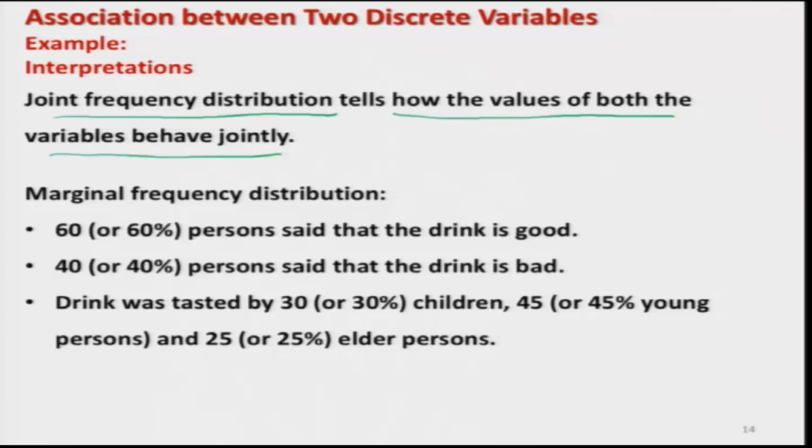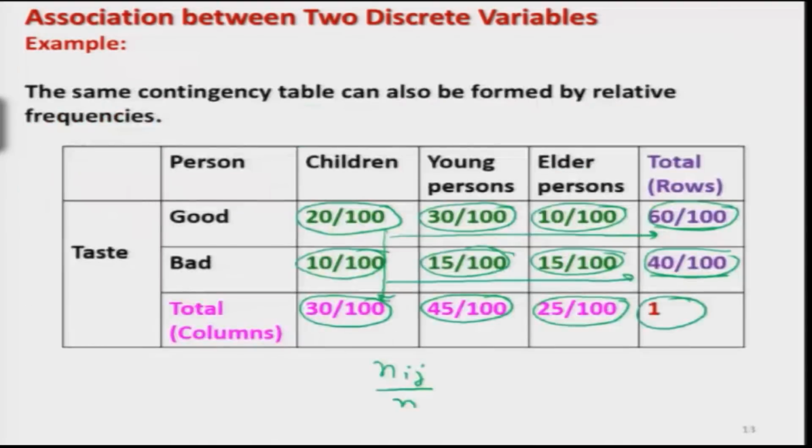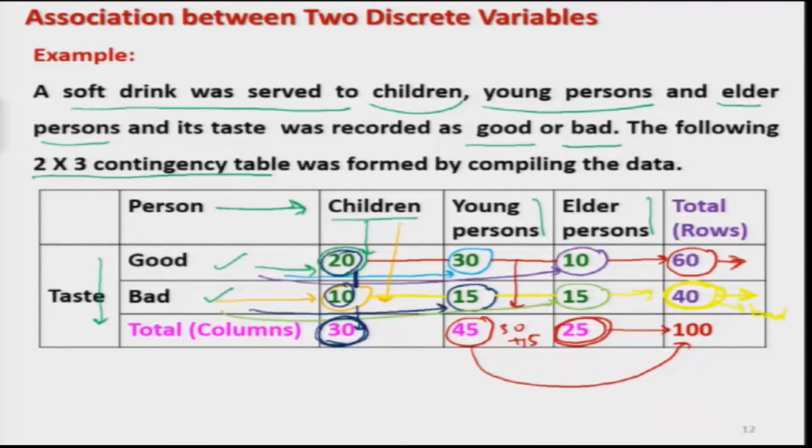When I try to see the marginal frequency distribution, you can see in this case, where I am now making a circle, 60. So, there are 60% who said that the drink is good, and there are 40% who said that the drink is bad.